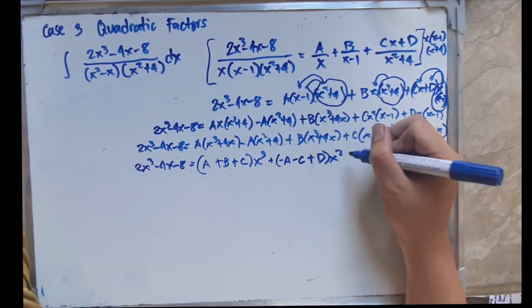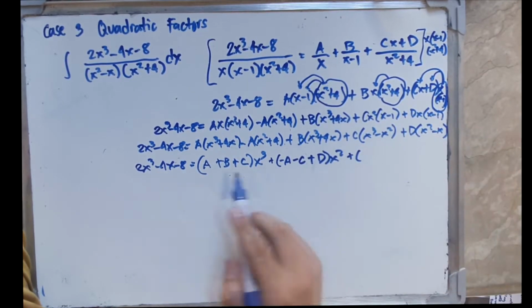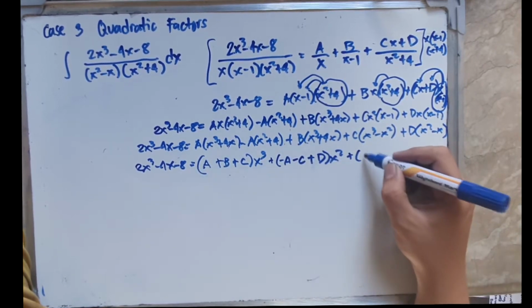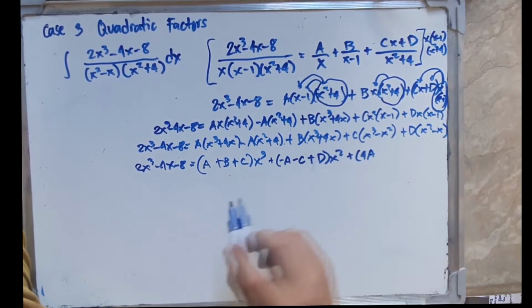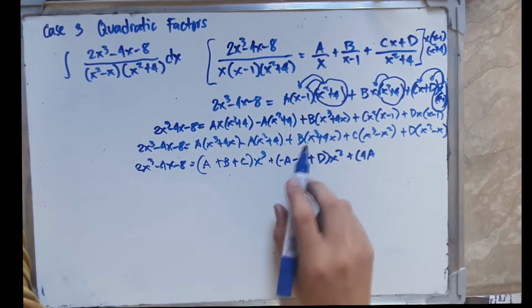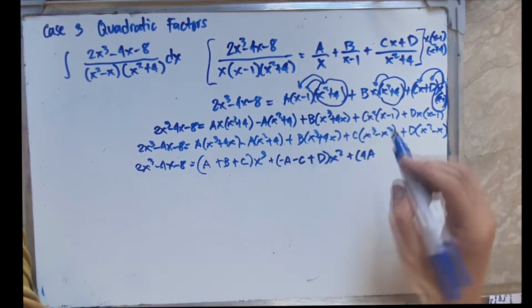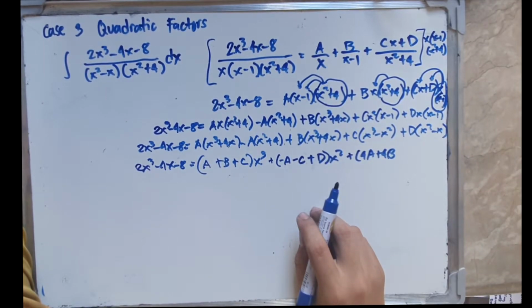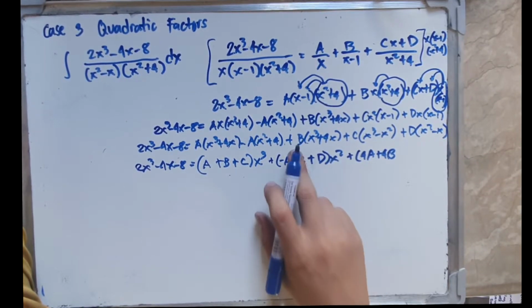But for the x, plus all the x, I have 4a and I have 4b. Okay, 4a and 4b.